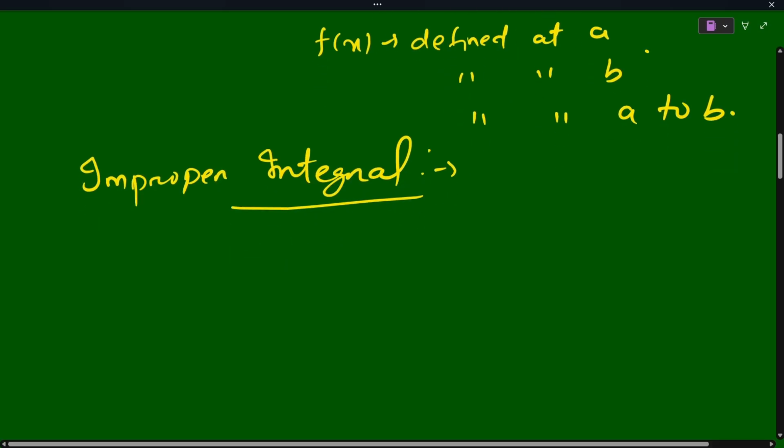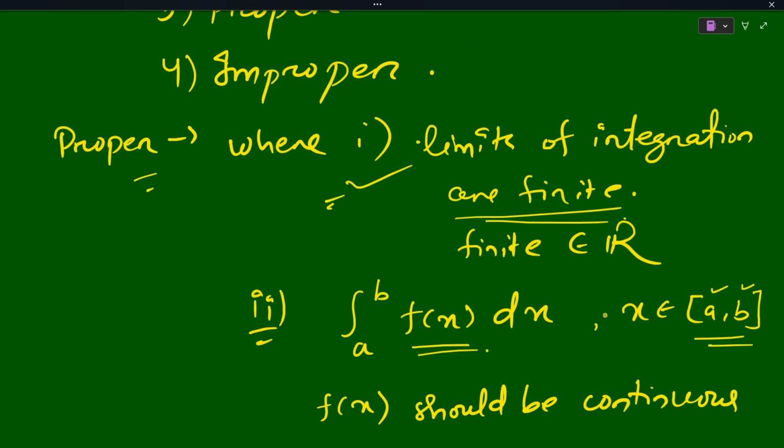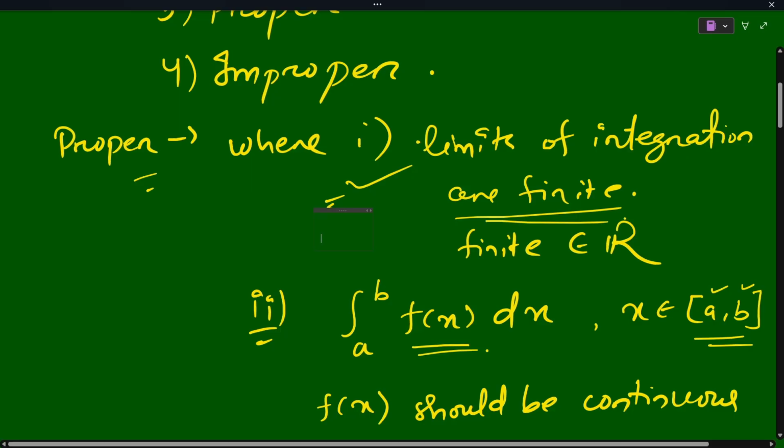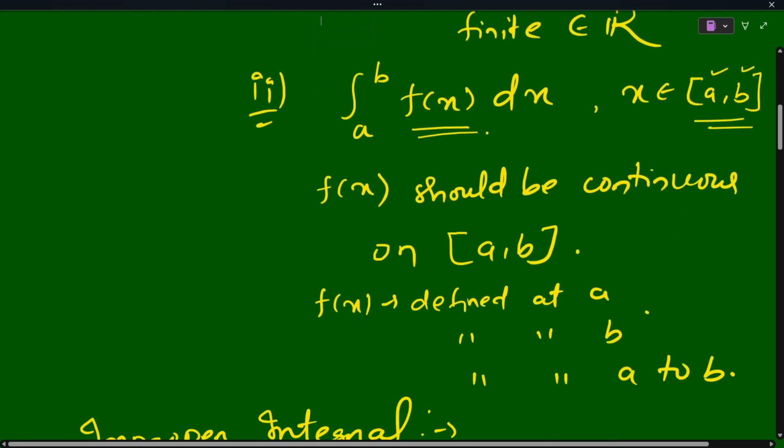First we will see what happens if in the proper integral condition 1 fails. Condition 1 is that the limits of integration are finite, right? So I am taking the limits of integration as infinite or minus infinite.